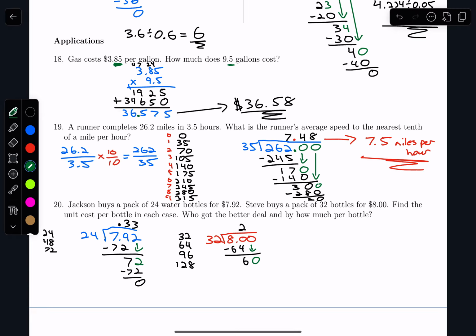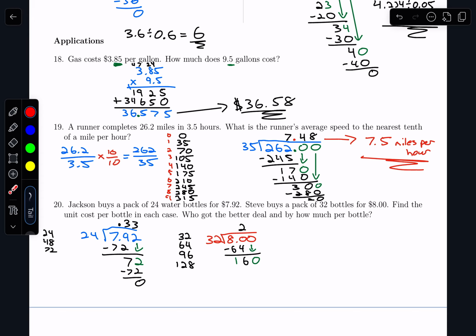Okay, after we've dropped down that 0, whoa, did you see what happened there? Forgot a 1. All right, everybody, what is 80 minus 64? That is 16, not just 6. So we have 16 left over, and then I drop down that 0. So now we need to know how many times does 32 go into 160. 160 is bigger than these multiples I wrote on the side, so I'm going to add a few more multiples.